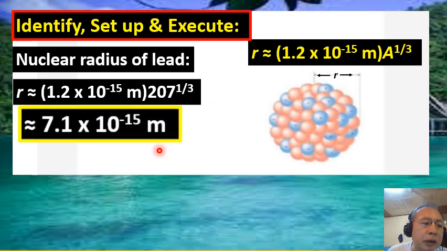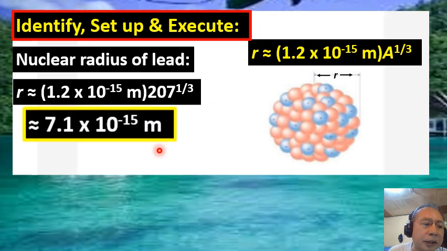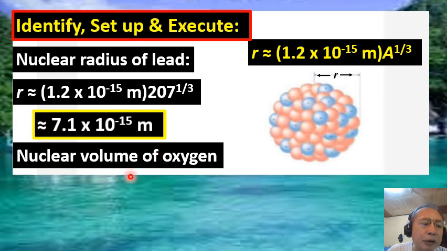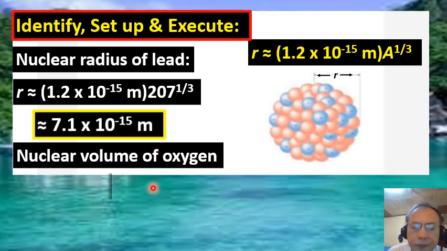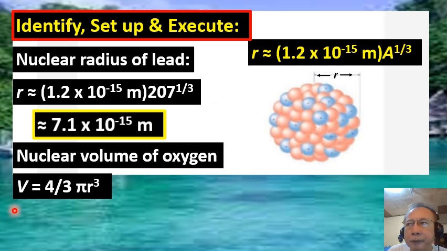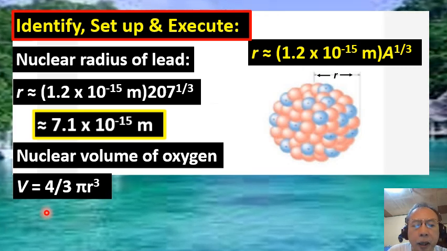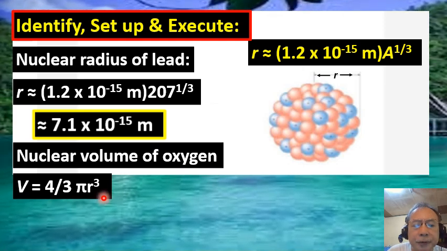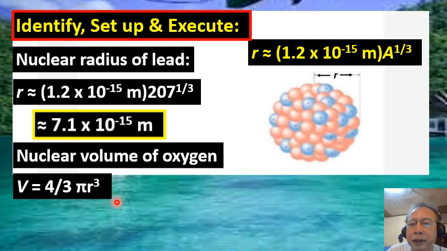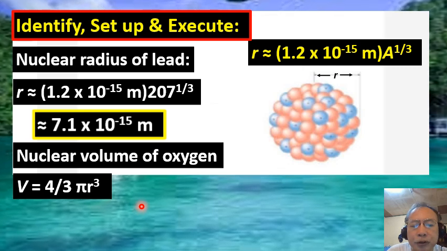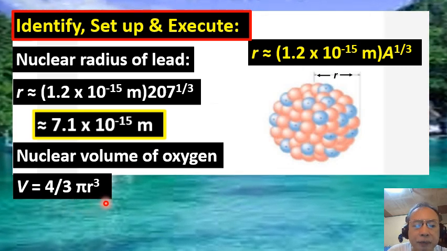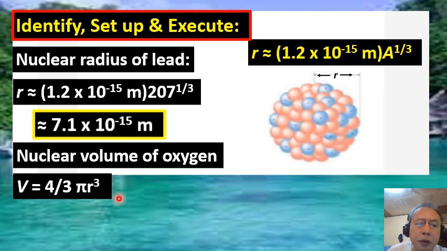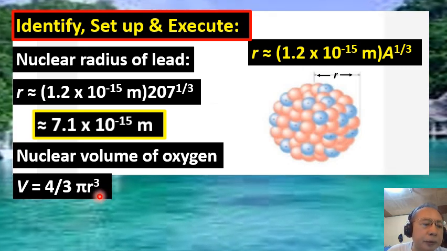And using the long method of computing the nuclear density, we first find the nuclear volume of oxygen, using the formula for finding the volume of a sphere. We are assuming that the nucleus is spherical in shape. So the volume is 4/3 times pi multiplied by the cube of the radius.